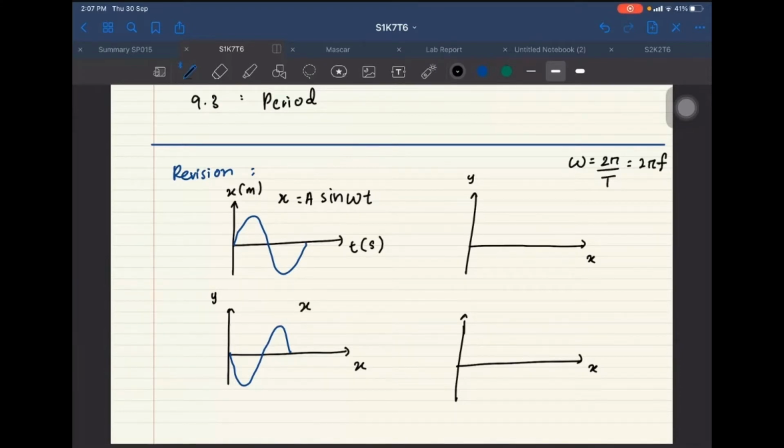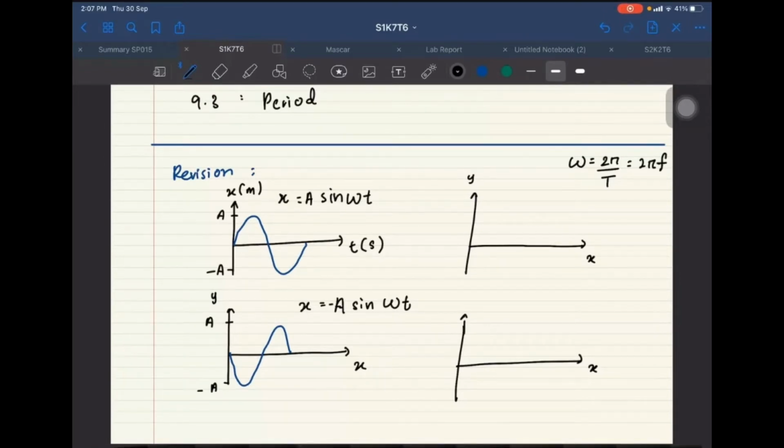Yes, very good. It will be a negative sine. Everything else is the same: you still have the amplitude A and negative A like previously. So it will be x equals negative A sine omega t. Negative here means the graph is flipped on the x-axis.